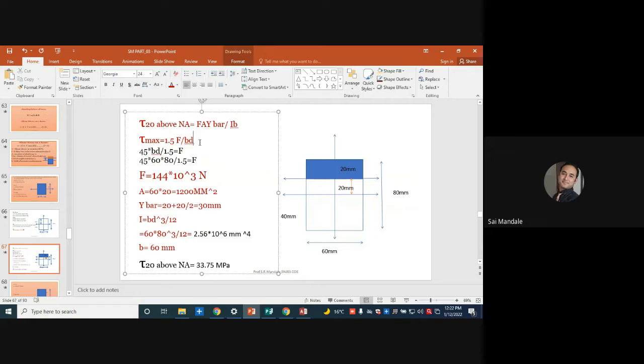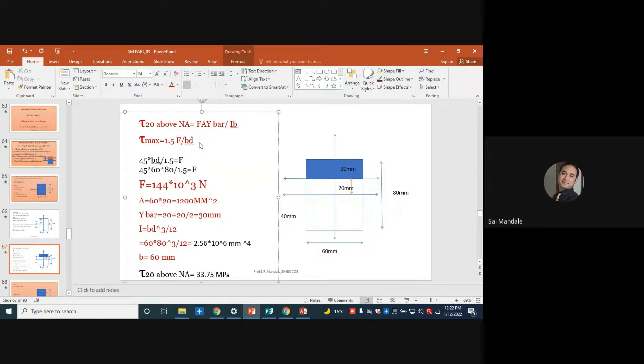So the equation becomes 45 into B D upon 1.5.